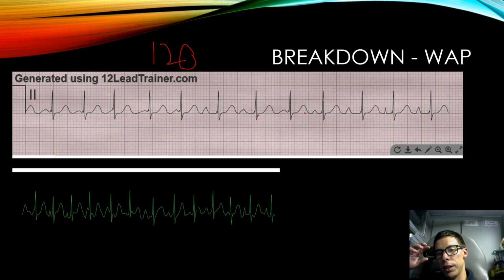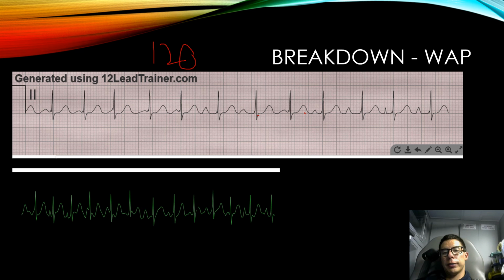So for this one, these PR intervals are super short because it's really close to the AV node. But on some of the ones like this one, it's going to be longer. And that's also what gives it its irregularity. It's just how close the P wave is to the AV node, which means that the PR interval will be shorter because it has less distance to go before it gets there, and then the ventricular part starts.